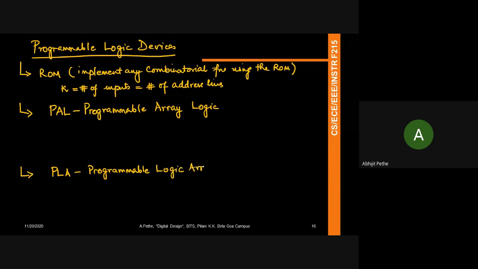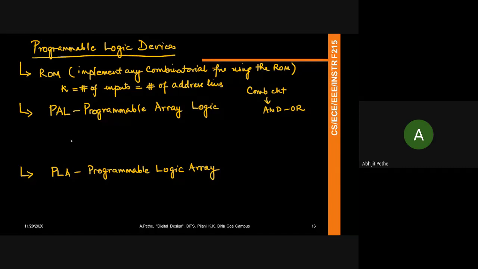What's the difference between the two? Remember, any combinatorial circuit can be written as an AND OR or an OR AND circuit. If you write it in SOP form, you'll implement it as an AND OR. If you write it in POS form, you'll implement it as an OR AND circuit.